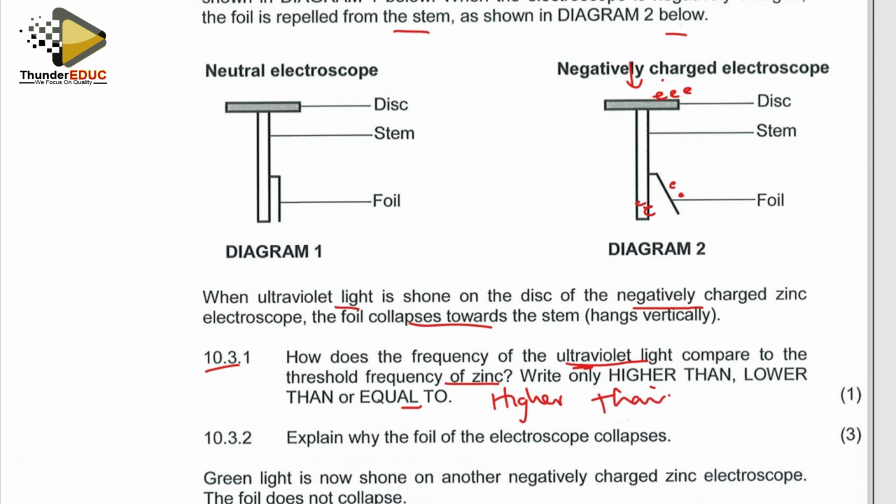Then we need to explain our answer. One, electrons will be emitted, or removed, from the disk. We can say electrons are removed from the stem via the disk.